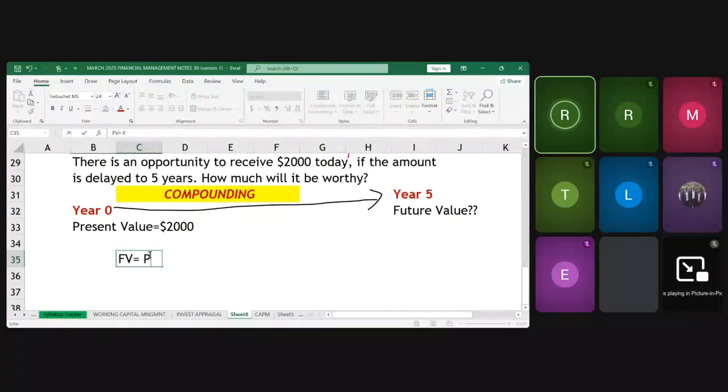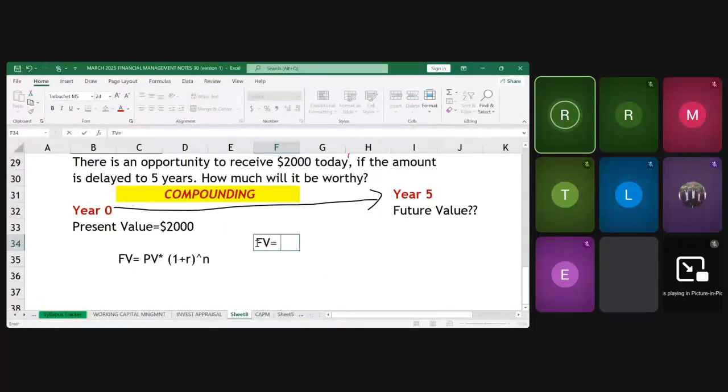FV is equal to the present value multiplied by open bracket 1 plus R close bracket, raised to the power n. So what does that mean?